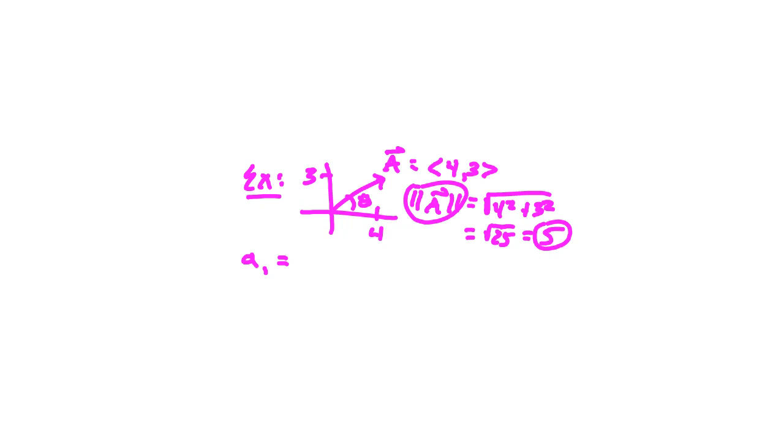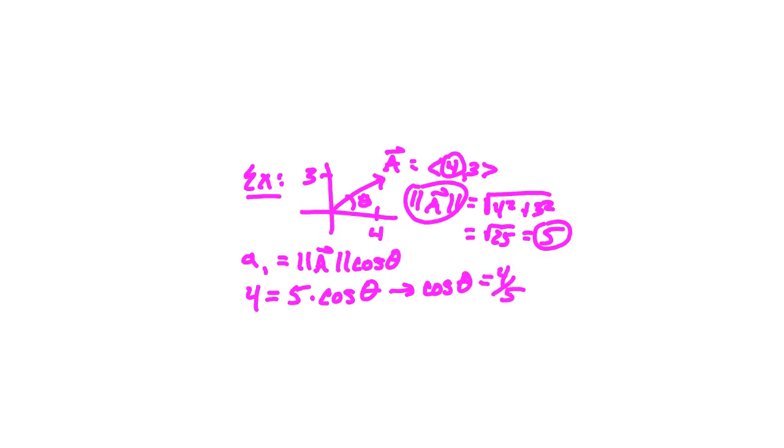We said A1 is the norm of A vector times cosine theta, right? So if I plug that in, what is A1? Well, we know A1 is 4. So 4 equals the norm of A vector, which is 5, times cosine theta. So what I can do here is figure out what theta is, because the cosine of theta is going to be 4/5, right? Which implies theta is the inverse cosine of 4/5.